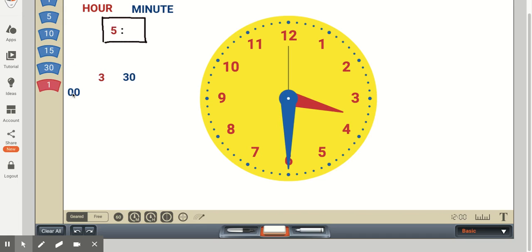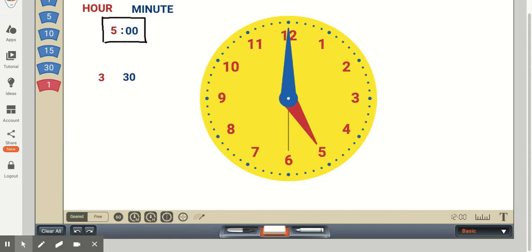And if it's 5 o'clock, that they know it would be 0 minutes past 5. Same on the analog clock. If they were asked to show 5 o'clock, we would want to make sure that they're putting the hour hand right on the 5 and the minute hand right on the 12.